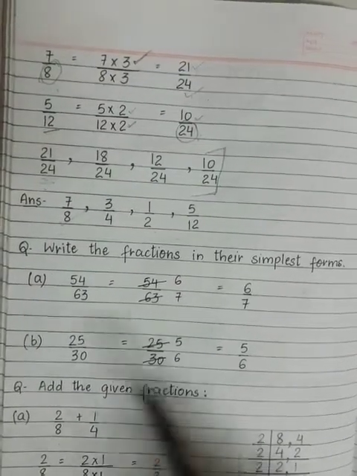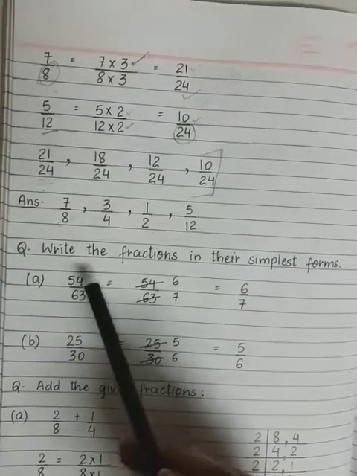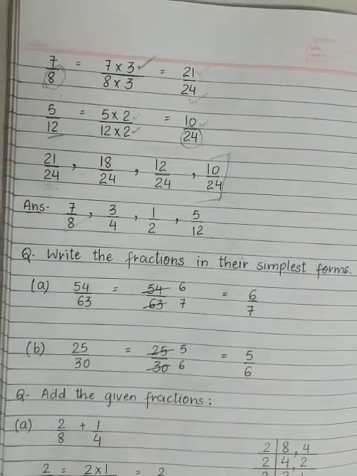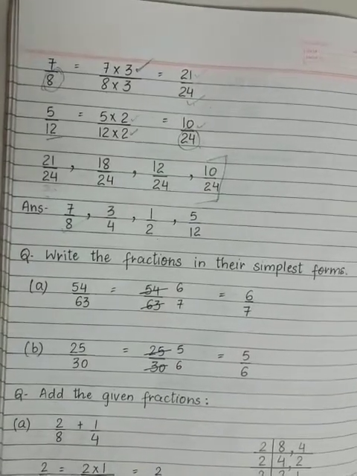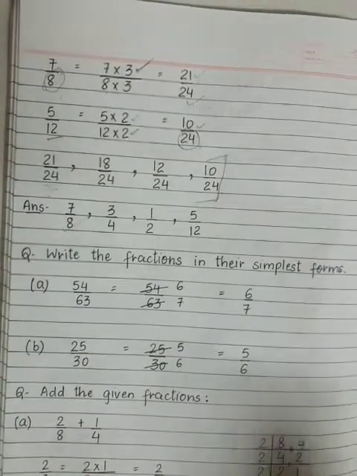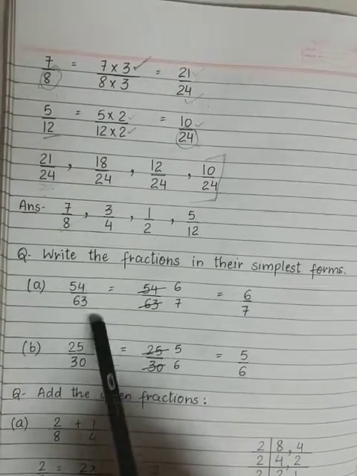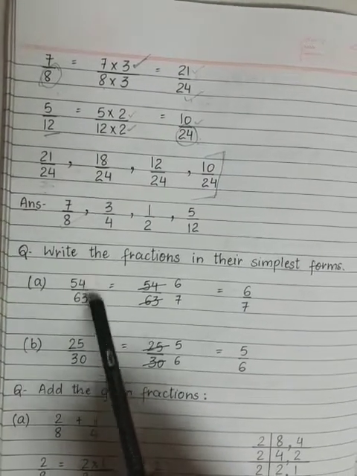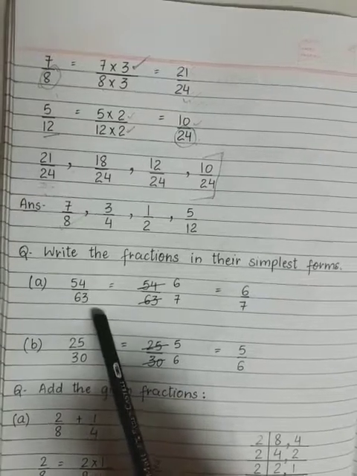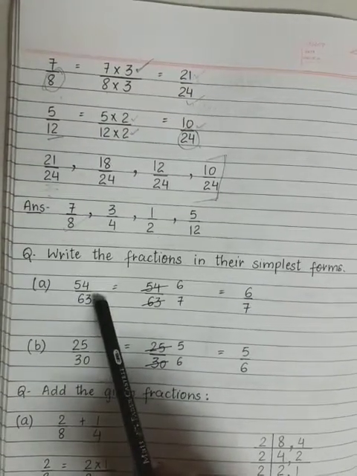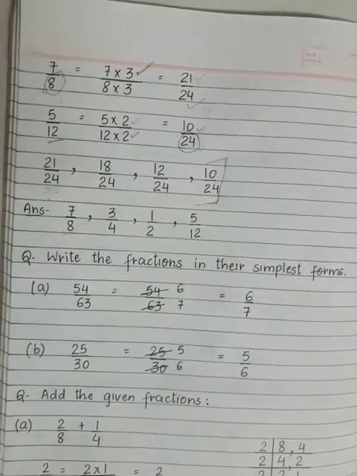Okay? So, the fraction here is 54 upon 63, and we have to write the fraction in its simplest form. So, now we have to look for the highest common factor of both these numbers, 54 and 63.